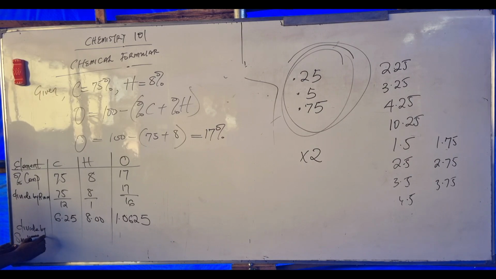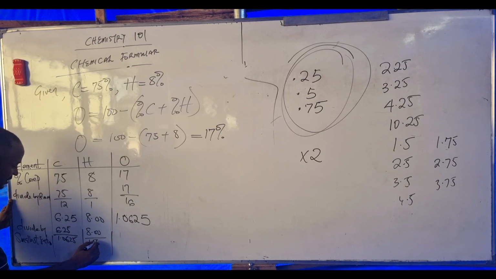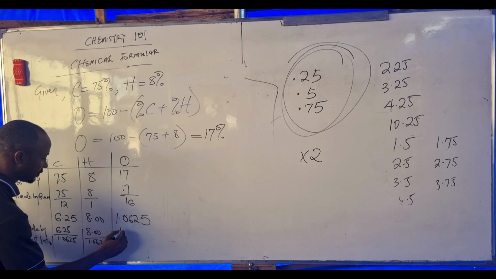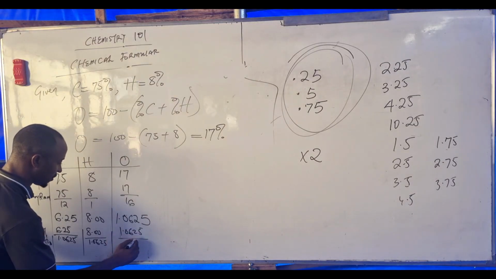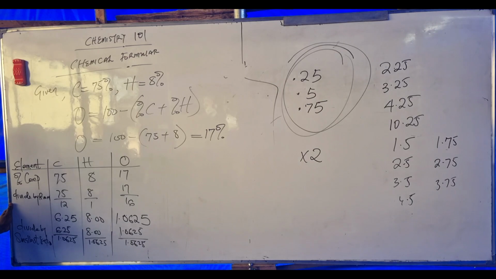So the next step is to divide by the smallest ratio. Among them, which of them is the smallest? Okay, let's go. We have 6.25 over 1.0625, 8.00 over 1.0625, and 1.0625 over 1.0625. So what is the value here?